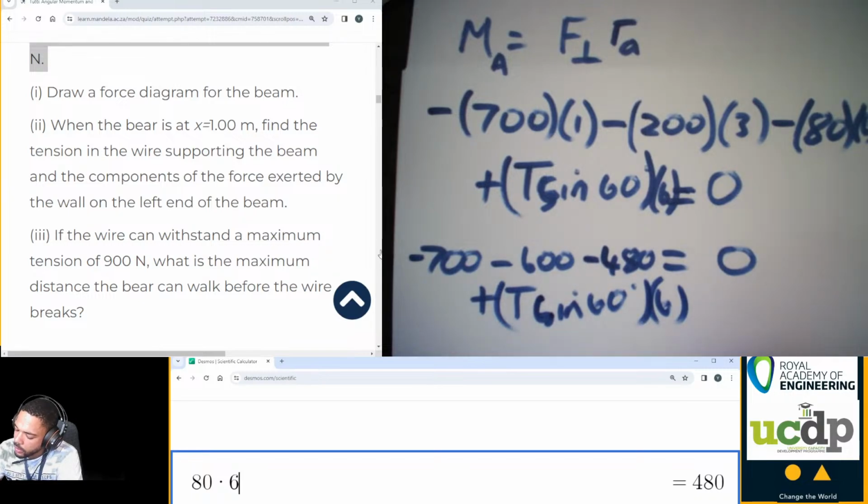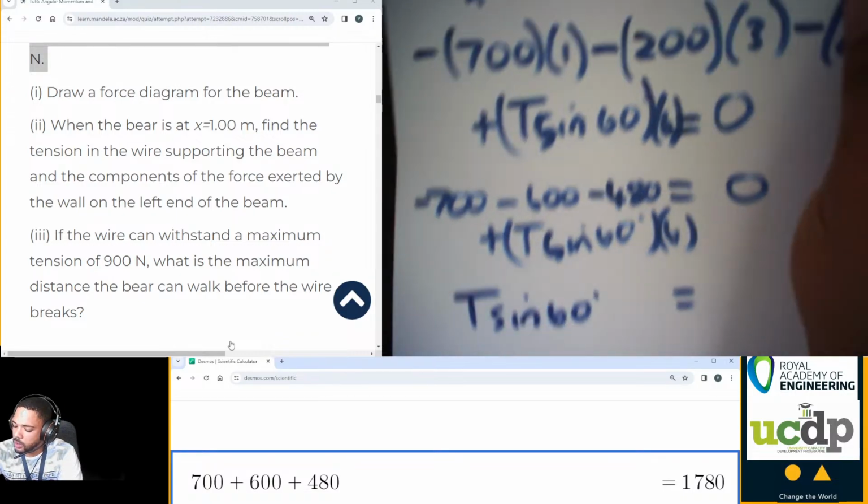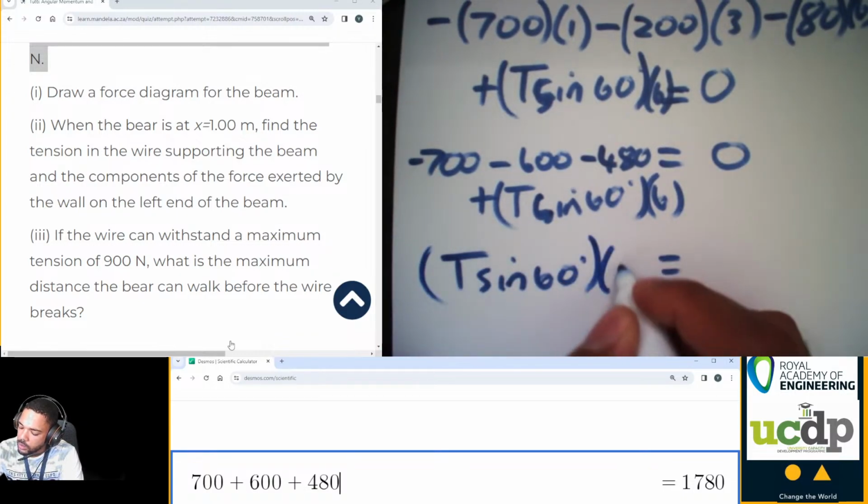If we take it over, that is 700 plus 600 plus 480, equal to T sine 60 multiplied by 6.